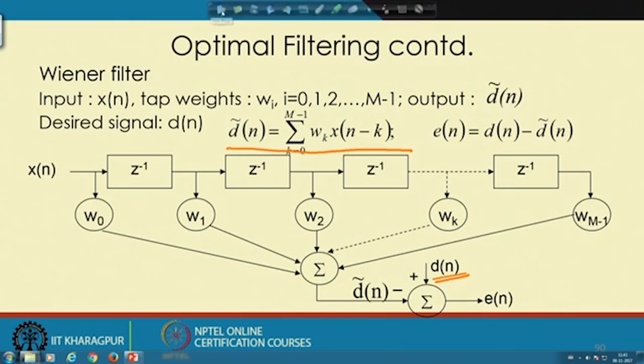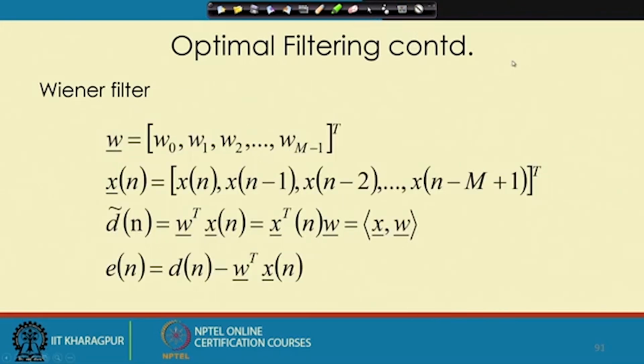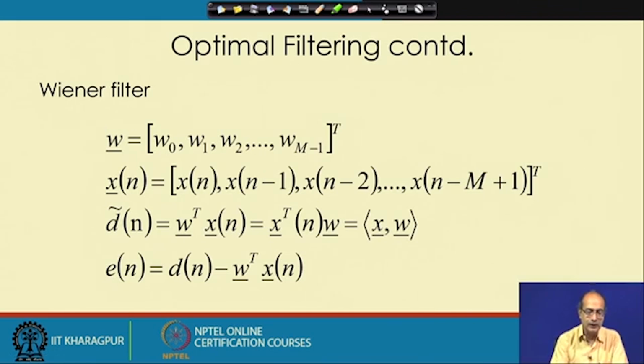So, for the Wiener filter, we are now writing down the different constituents. First is the weight, and here we should first make some of these things clear.